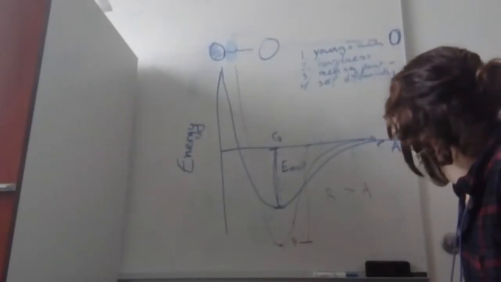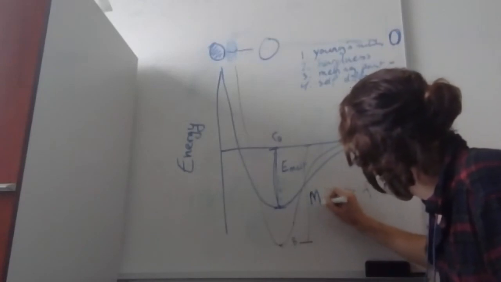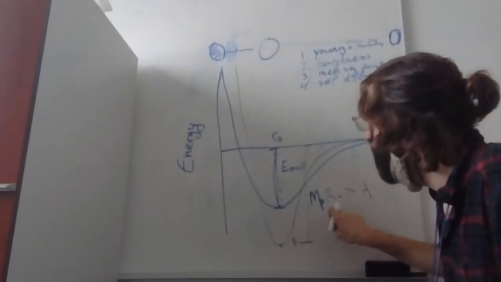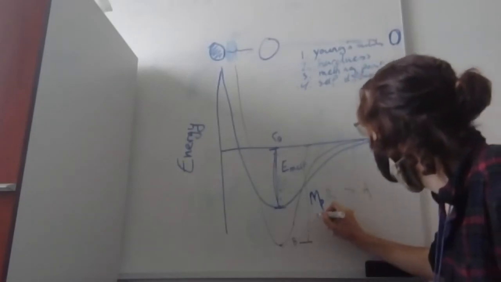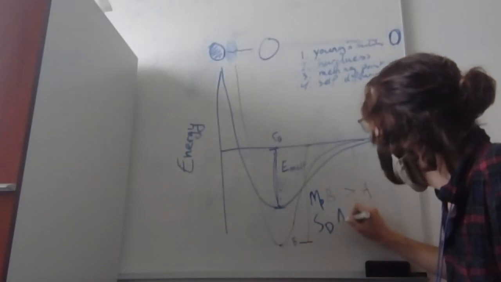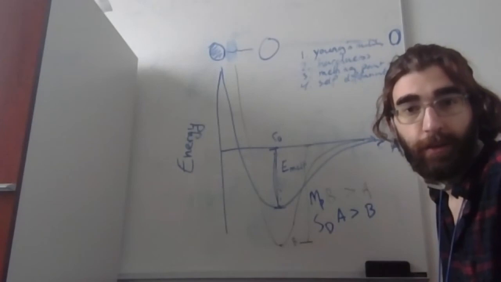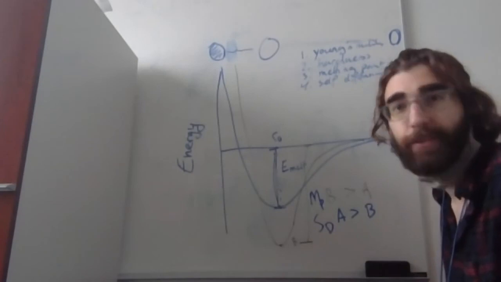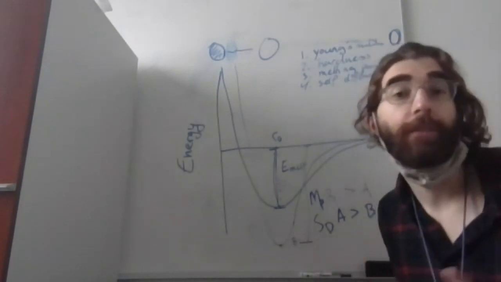So this relationship says that for melting point, B has a higher melting point than A, right? But for self-diffusivity, A has a higher self-diffusivity than B. So melting point and self-diffusivity are inversely related.